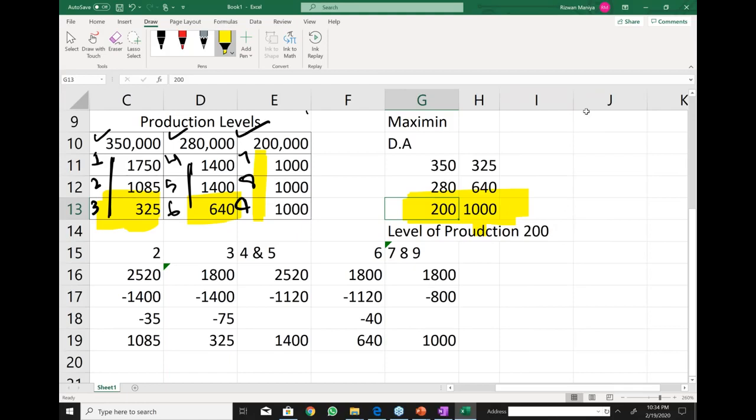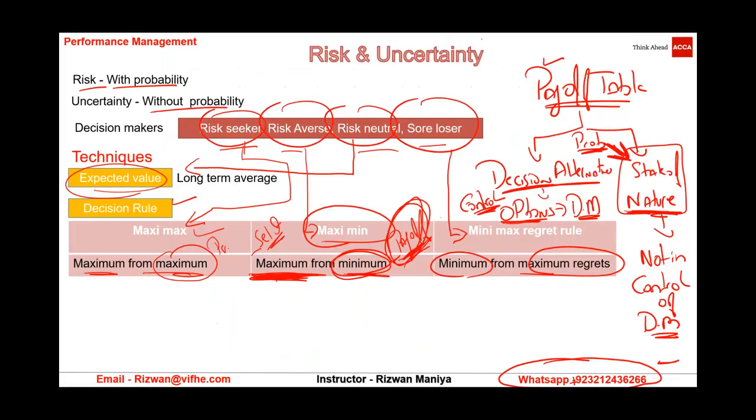Now coming towards maximax, let's see what maximax has to say for the 3 DAs. From the list of maximum payoffs, select the maximum one.